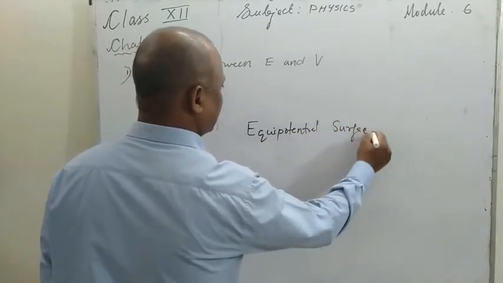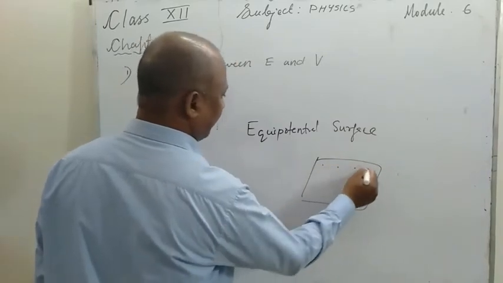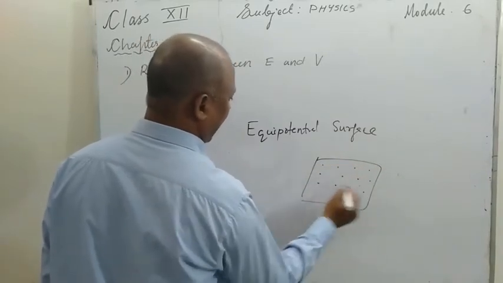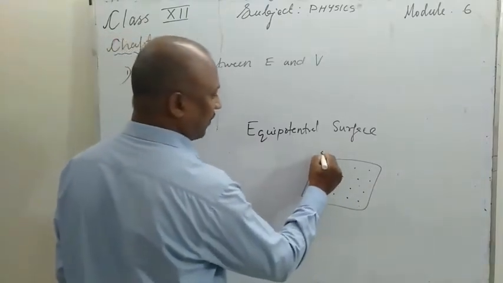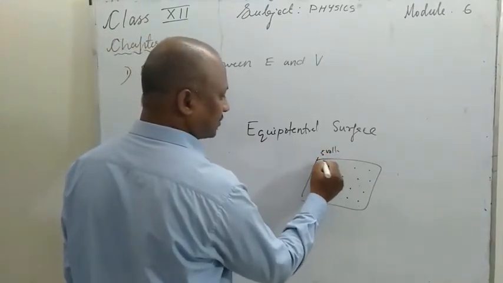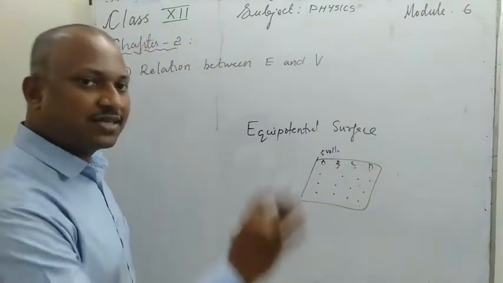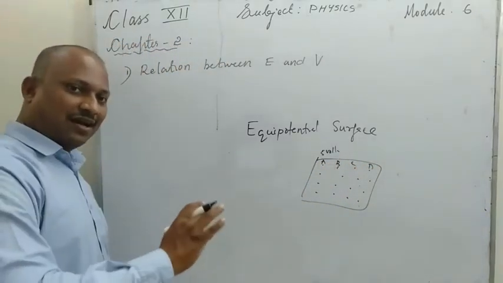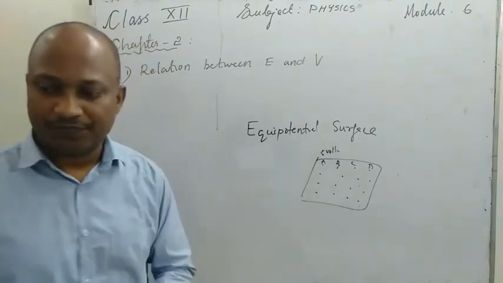It is a surface where every point has the same potential. For example, here the potential is 5 volt, then here also, suppose this is point A, point B, point C, point D. Every point will have the same potential. Then that surface is called equipotential surface.